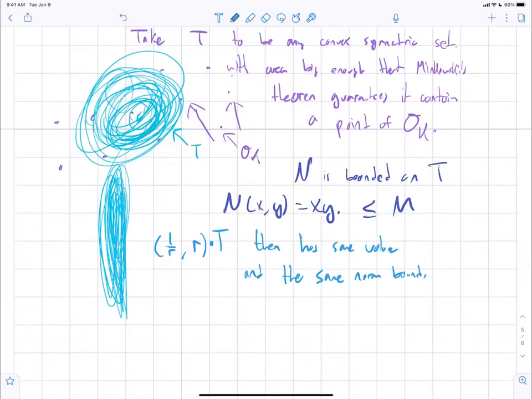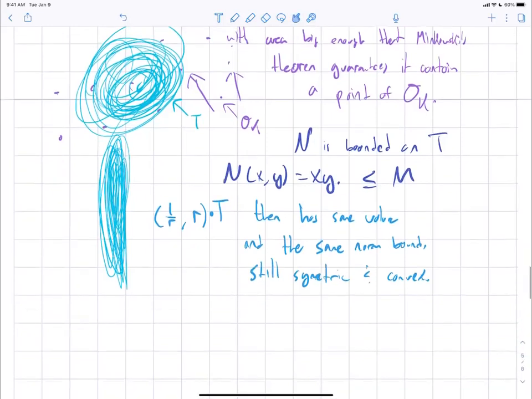And it's still symmetric and convex. Okay, so in particular, let me just look at 1 over n times T, so n a positive integer, a natural number. Let me look at these things.